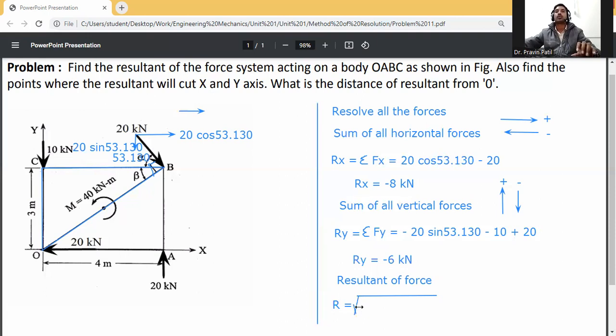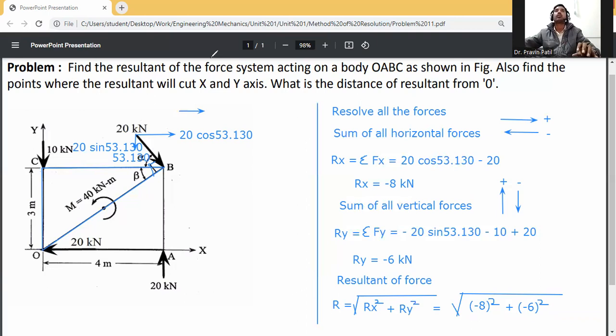So R is equal to root of, in bracket, minus 8 square plus, in bracket, minus 6 square.